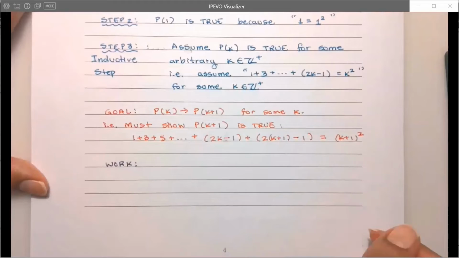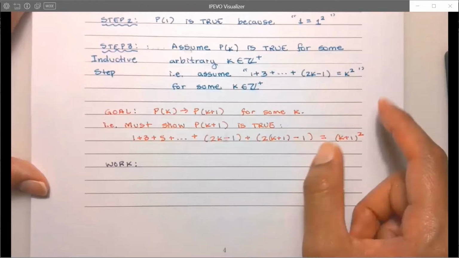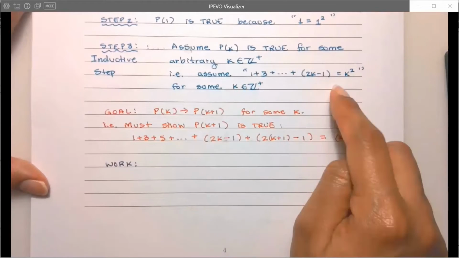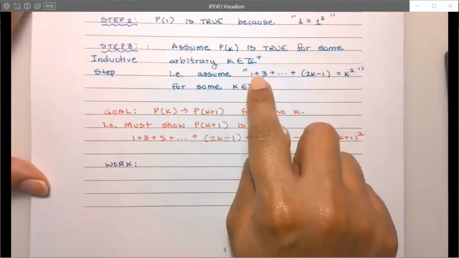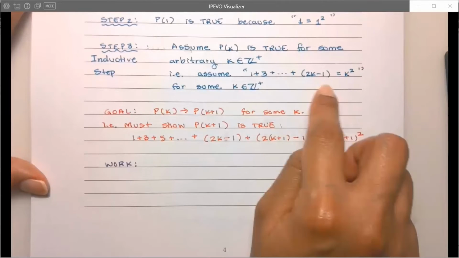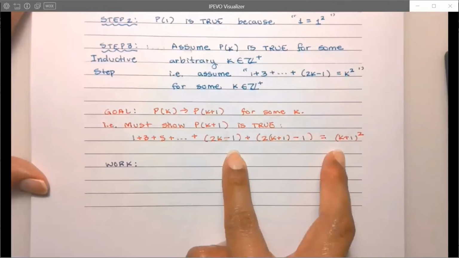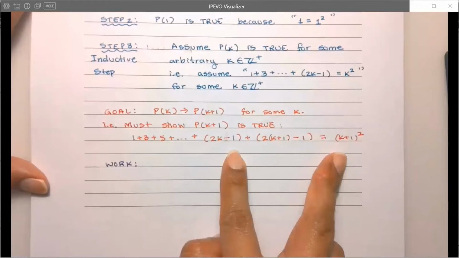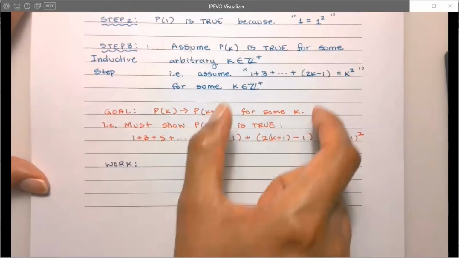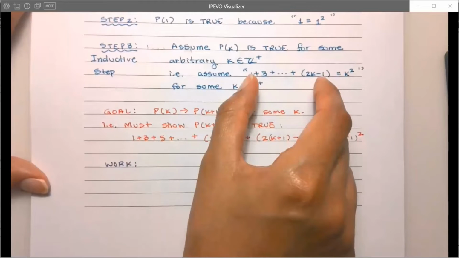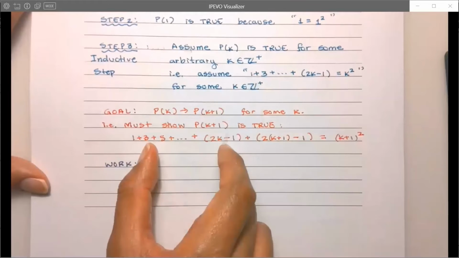Now let's think again, how is it that we can go from our assumption, 1 plus 3 plus down to 2k minus 1 equals k squared, to something that looks like this? Well, the assumption already contains the first k terms on the left-hand side of the goal.